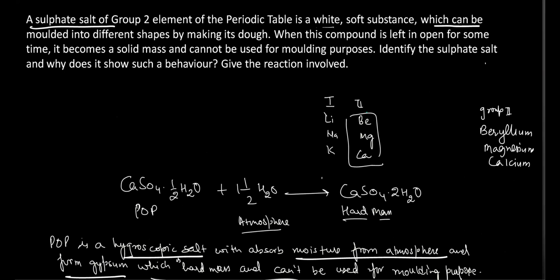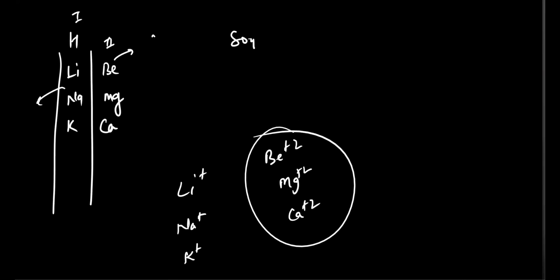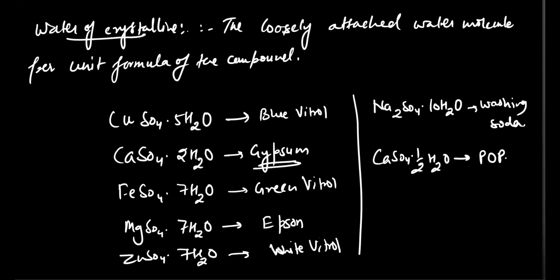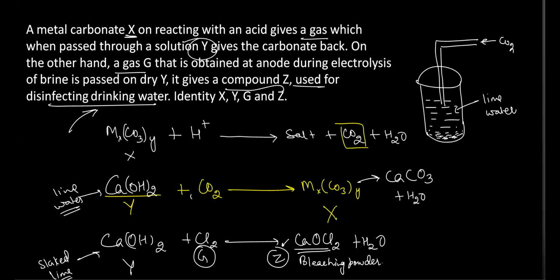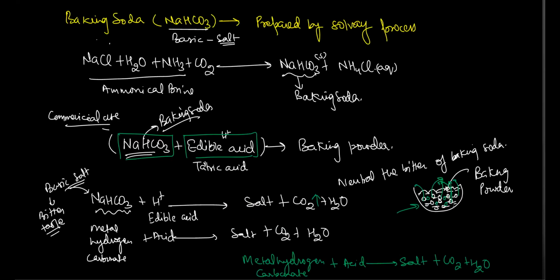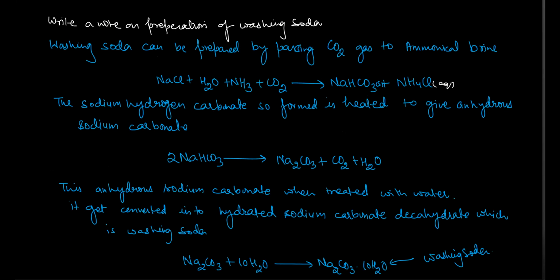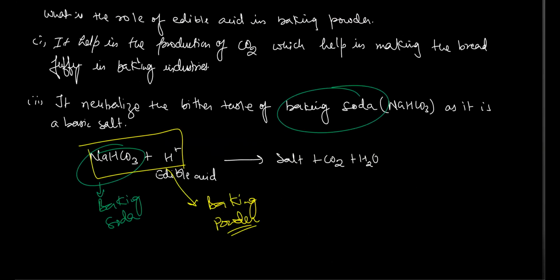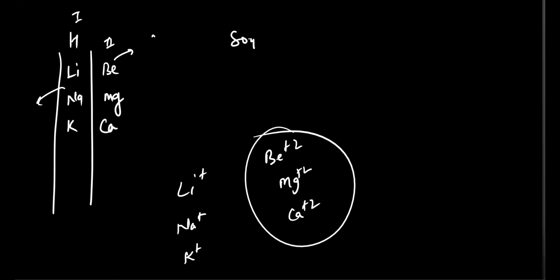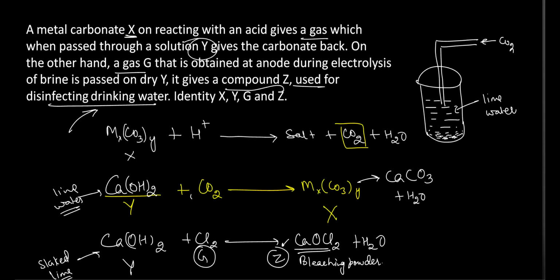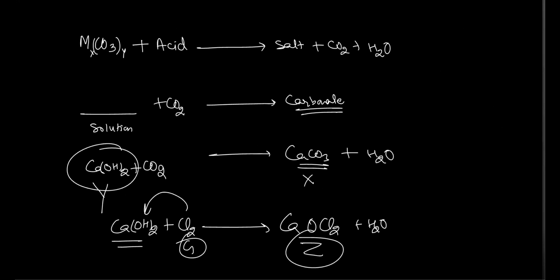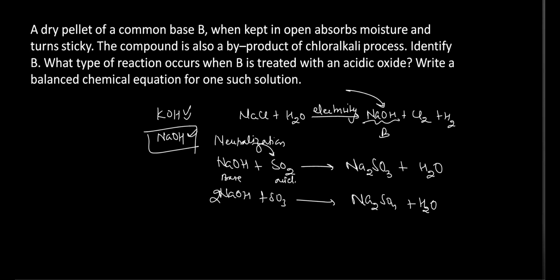So note it down that washing soda is used in removing the permanent hardness of water. Many times it has been asked which salt is used for removing the permanent hardness of water. So you must know that when it is said permanent hardness, the salt used for removing it is washing soda. Got it?